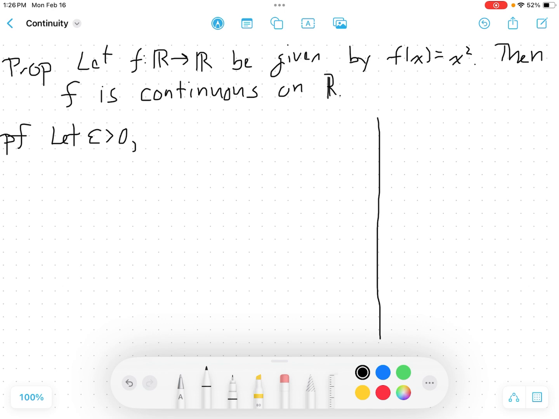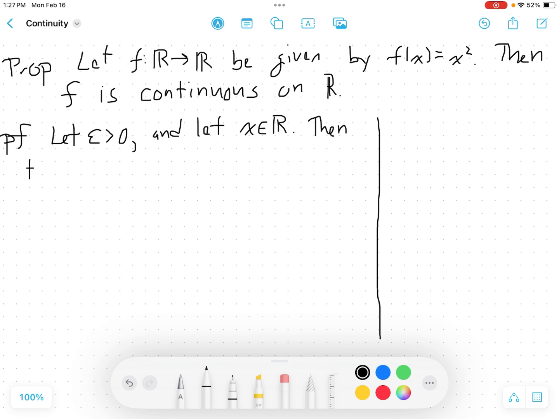I also, since I'm trying to prove that this function is continuous on R, we don't have a specific point we're trying to prove it's continuous at, I'm going to let x be any real number. We're going to want to find a delta so that whenever our inputs are within delta of one another, our outputs are within epsilon of one another.